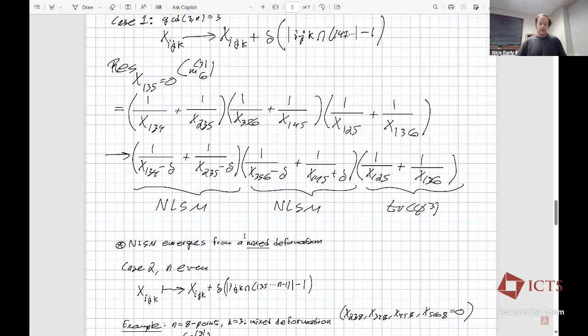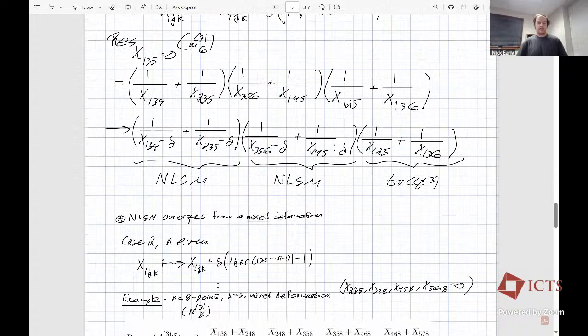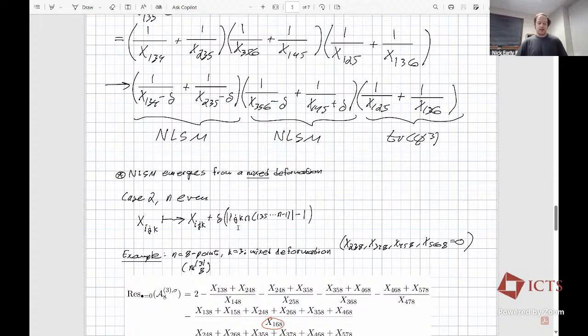We consider the following deformation. We assume that n is even, and then we take the intersection of ijk with {1, 3, 5, 7, up to n minus 1}, and subtract 1. It follows from joint work with Freddie Cachazo that for trace phi cubed, some residues of the CGM amplitude coincide with the trace phi cubed amplitude.